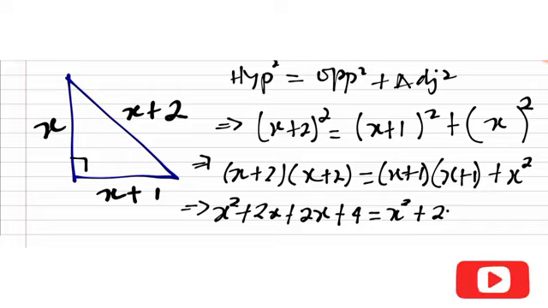This will be 2x plus 1 plus x squared. So from the next page we are going to solve further.